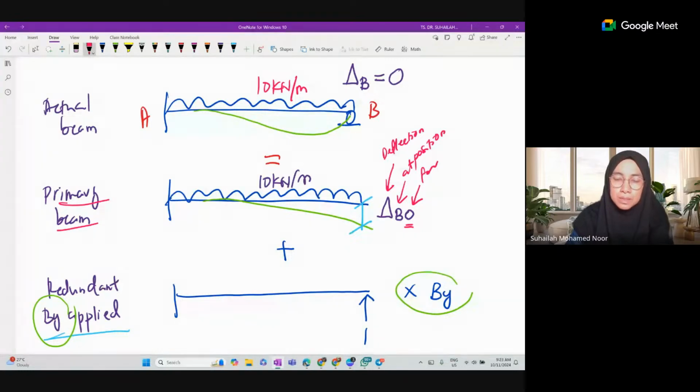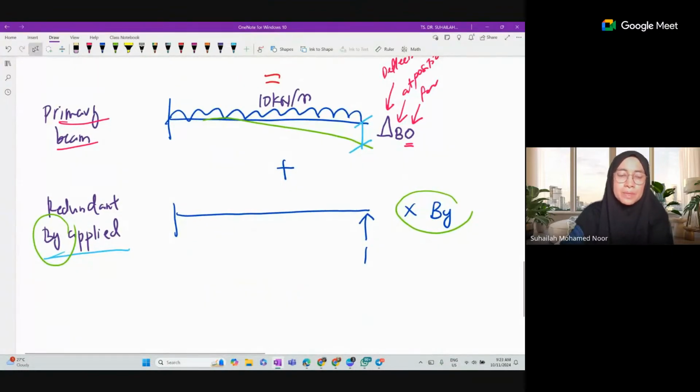Next one, redundant By applied. We have the same type, a cantilever beam, but this time it is subjected to a unit value of By.